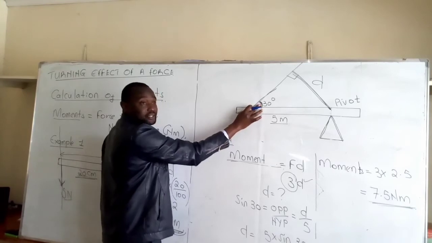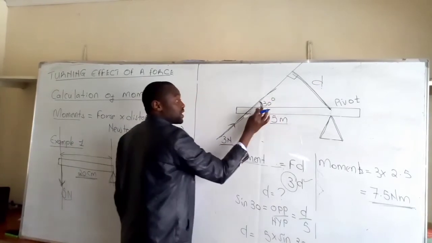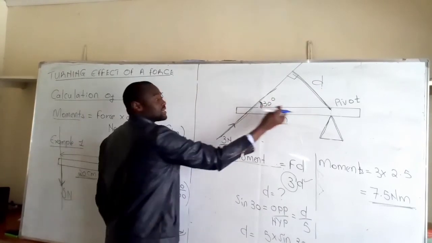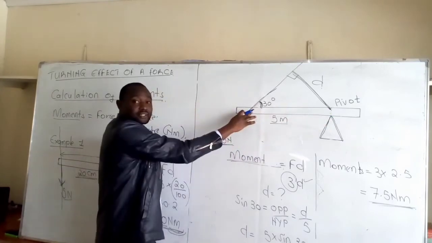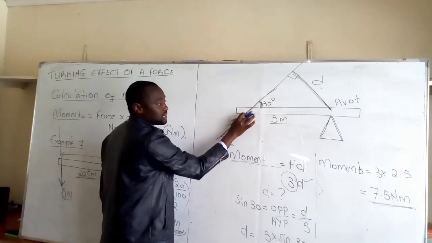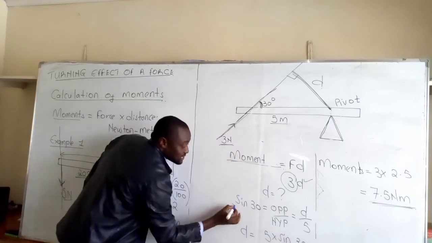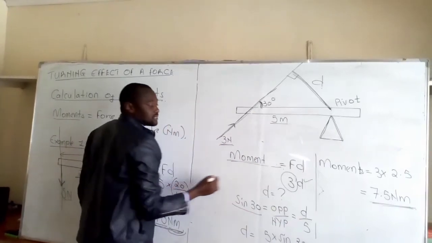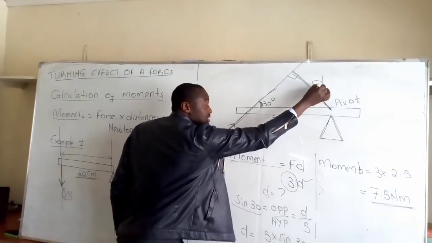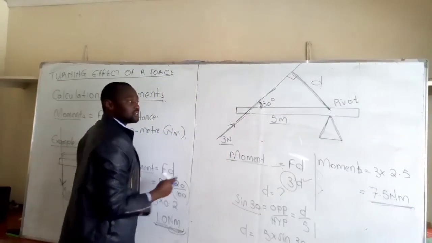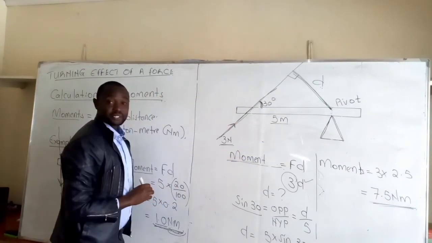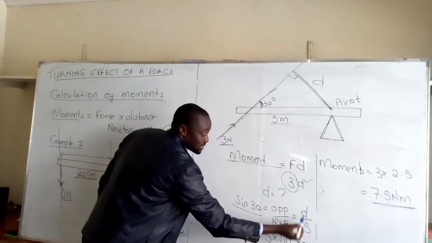D will be the opposite of 30 degrees. Our 5 meters is our hypotenuse. Therefore, the sine of 30 degrees will be the opposite, which is D, divided by the hypotenuse, which is 5 meters, as shown there.